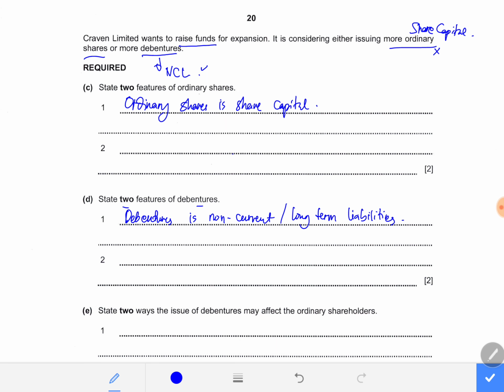Okay. Second, ordinary shareholders have voting rights. Debenture holders have no voting rights.